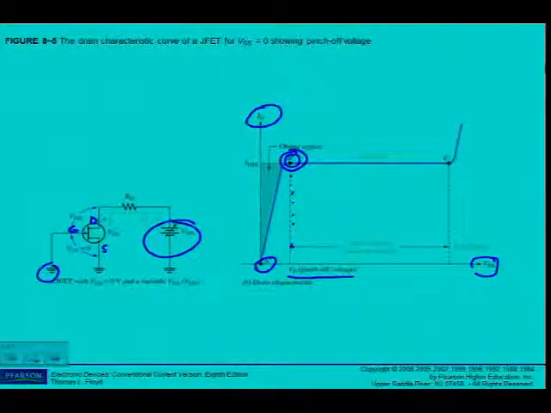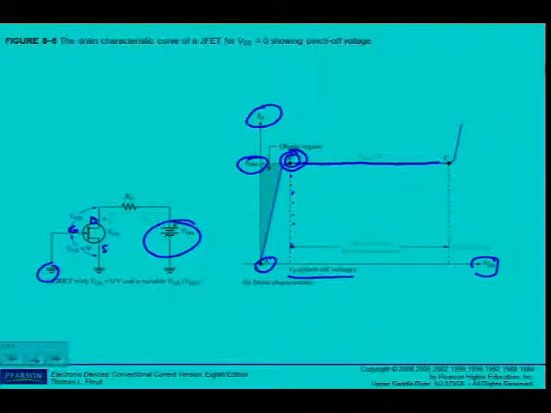So in this condition, we've seen here that VGS is equal to 0, and in this condition I can get the value of IDSS, maximum current through a specific JFET regardless of the external circuit. Okay, and then as I increase VDS, I can see there that current remains essentially constant.